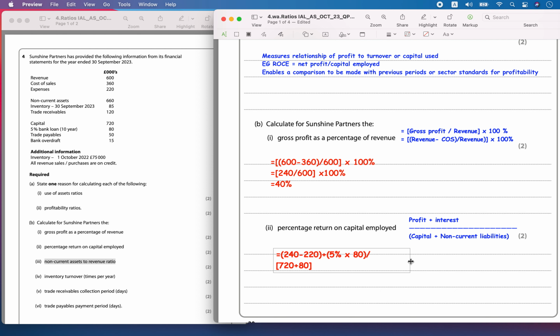So now let's calculate this value. 240 minus 220 is 20, plus 5% of 80 is 4. So 24 divided by 720 plus 80, that is 800, times 100%, that is equal to 3%.